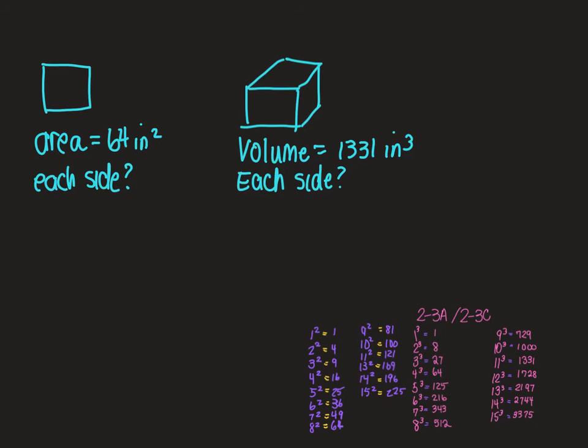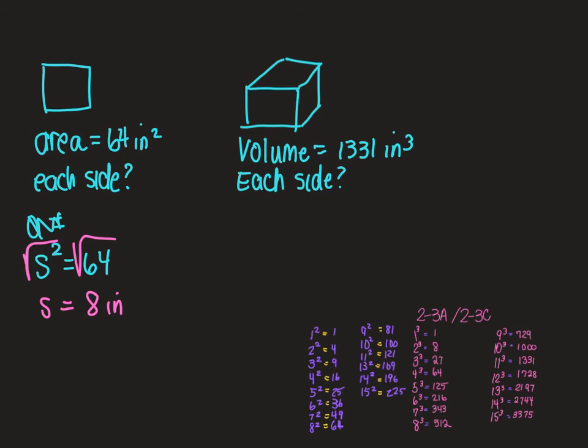All right, let's talk about area and volume of cubes or square shapes. So the area of any square is side times side, where both sides match each other. So if the area is 64 inches squared, and I come down and I look at my little list, if the side squared is 64, and I square root each side, one side would then equal, look at your list, 8.